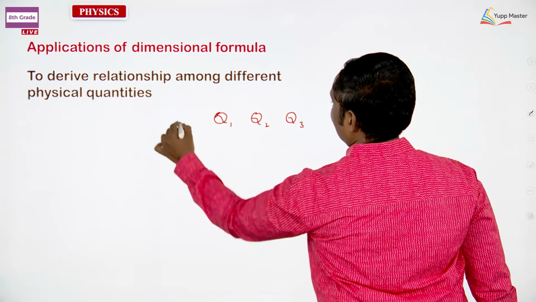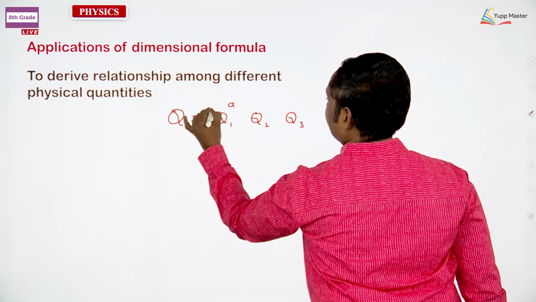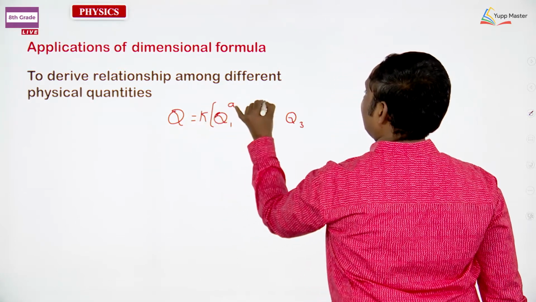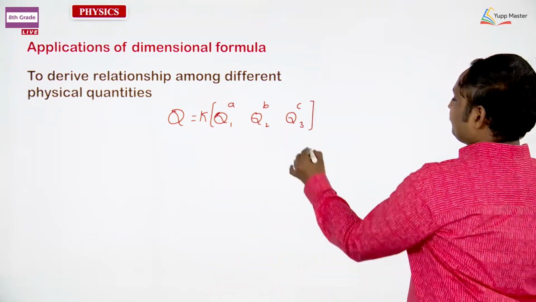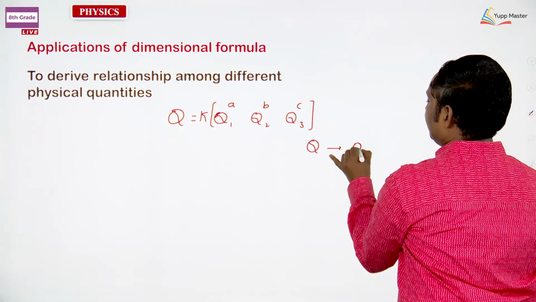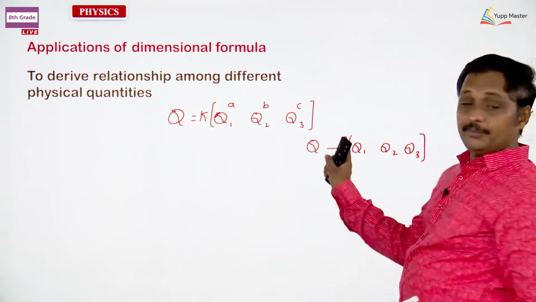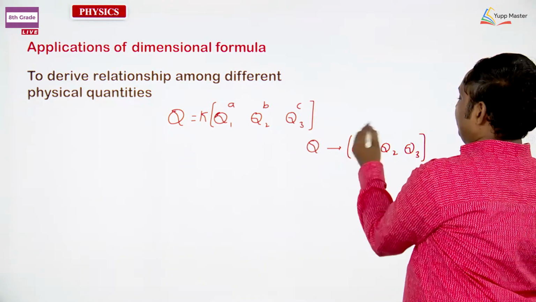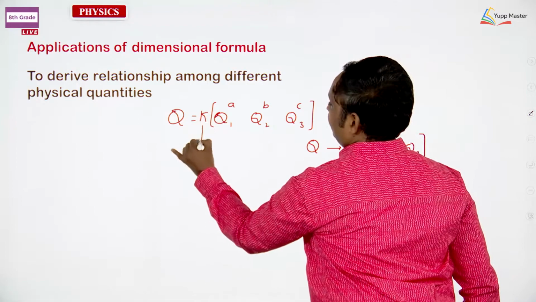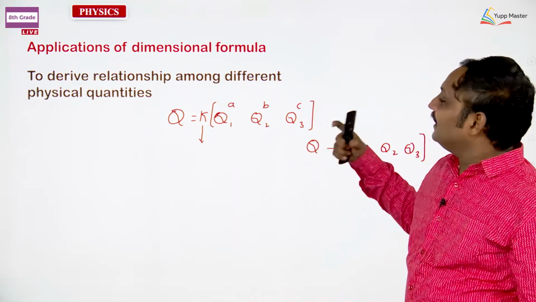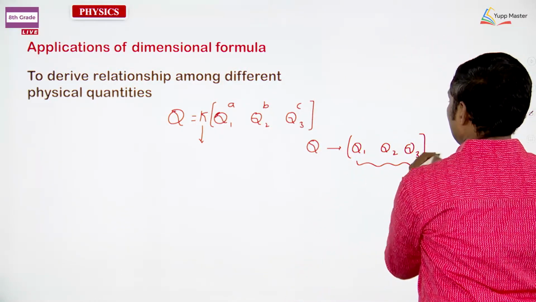You can confirm that Q is equal to some constant K into A, B, C. If you want to express the relation between these two sets of quantities, K is one constant. We can easily frame the relation among the physical quantities which are of the same kind.